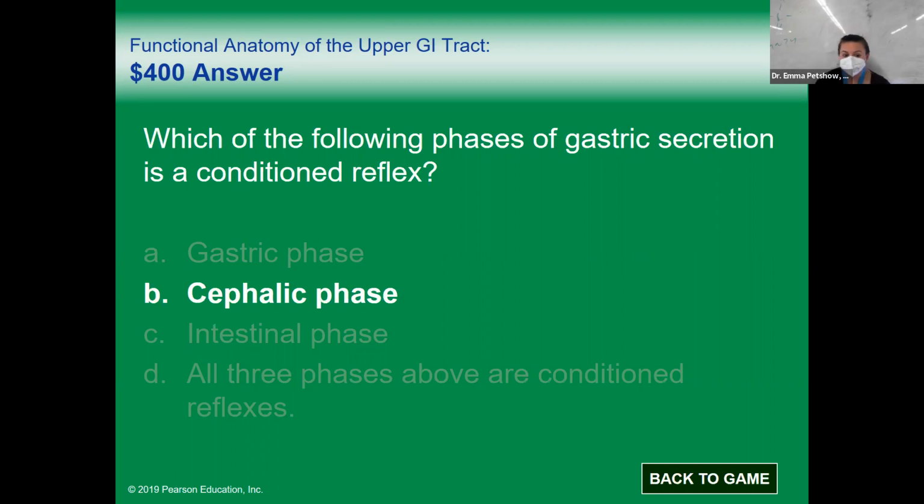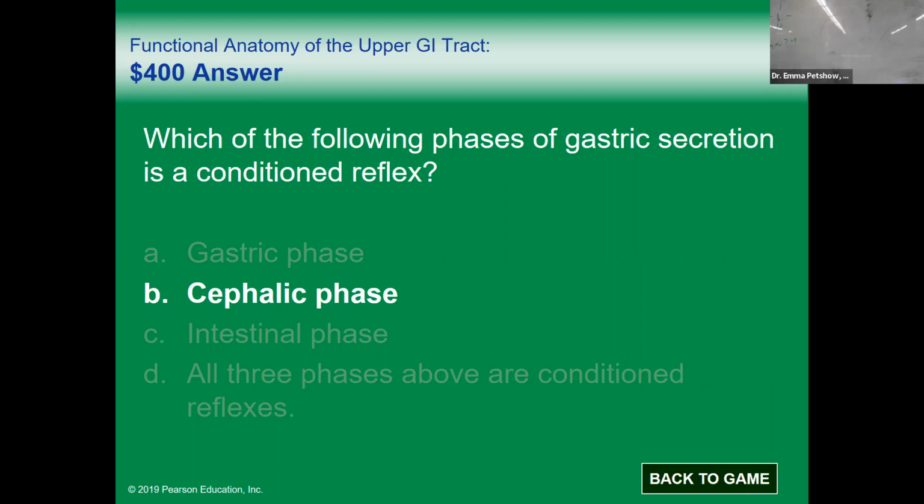It's a physiologic reflex that controls the motility of gastric secretion. When we think about gastric secretion, which one is a reflex? Which one responds to something else? The gastric and intestinal phases are more associated with increasing stomach acid and pancreatic enzyme, whereas cephalic is the reflex.